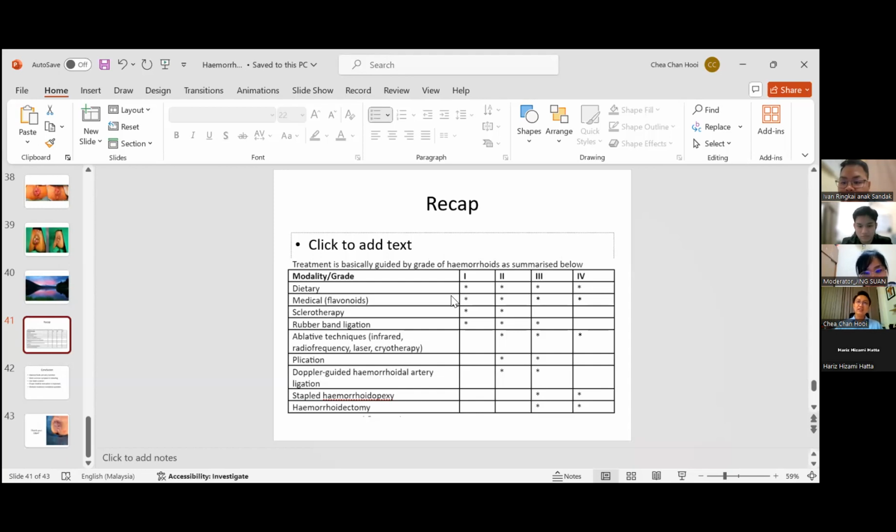Obviously, hemorrhoids per se don't cause death, but if they were to bleed a lot, and especially if the patients have underlying heart disease or multiple other diseases, and they are on things like warfarin, anticoagulants, antiplatelets, then if they bleed too much, that might lead to something else like heart attacks, symptomatic anemia, things like that.